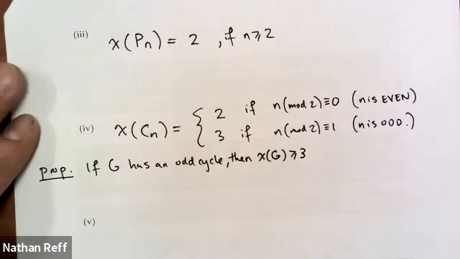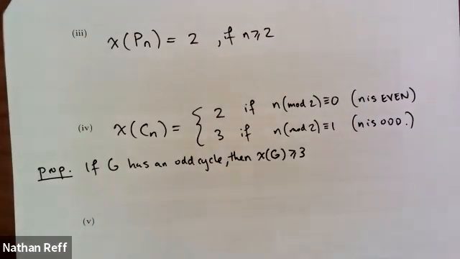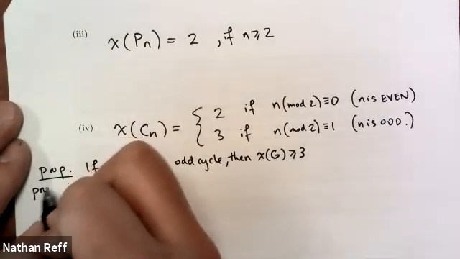So you definitely will need at least 3 colors to properly color the graph. Can you think of the proof of this? If it has an odd cycle, it's not bipartite, which means that you can't properly color it with 2 colors. That's pretty much it.